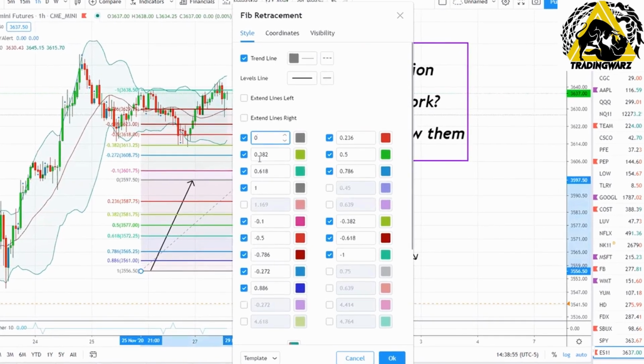These are the main fibs that I have: 236, 382, 50, 618, 786. Something that I like to have that others won't is the 886. The extensions are basically just a reflection of these retracements. I also add this 10% right here, which is something that I've learned from hours of backtesting. I've learned that this 10% extension is also a major level.